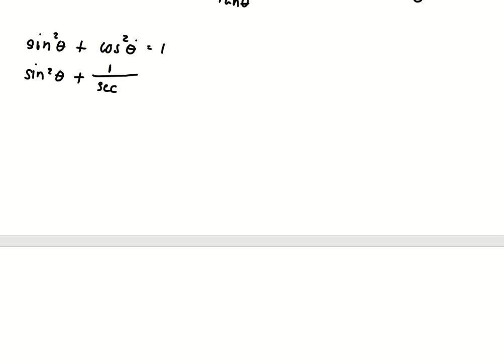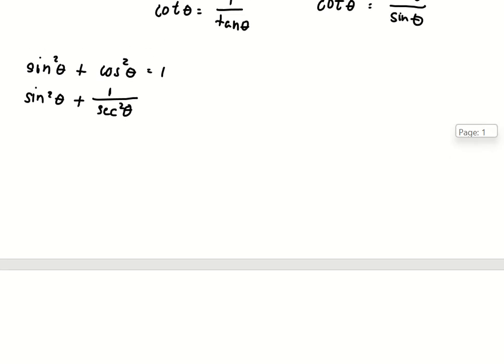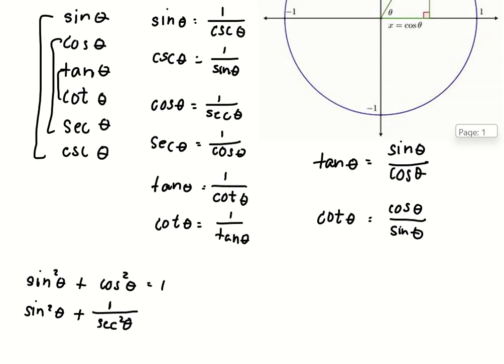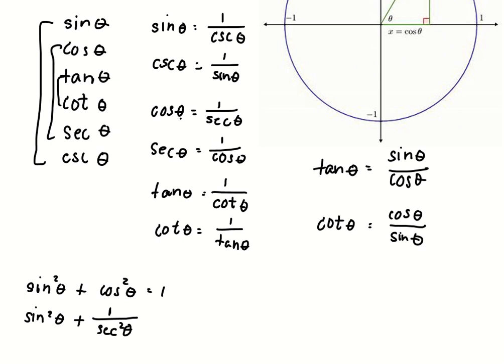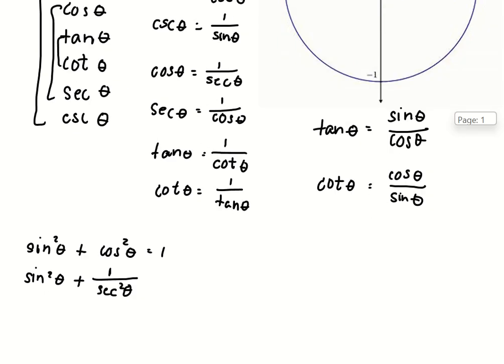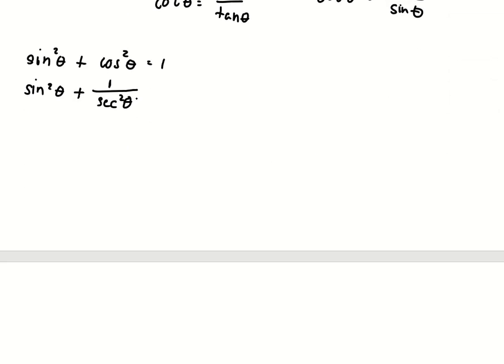So that means cosine squared theta is 1 over secant squared theta. So sine squared theta plus 1 over secant squared theta is equal to 1.